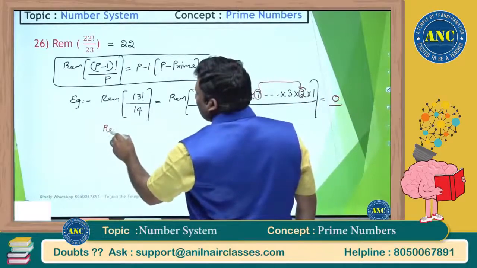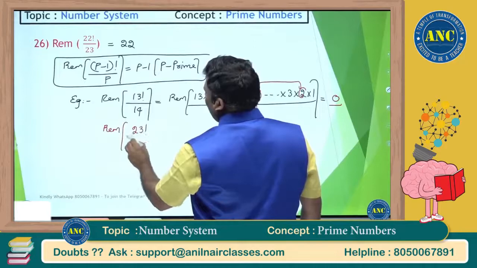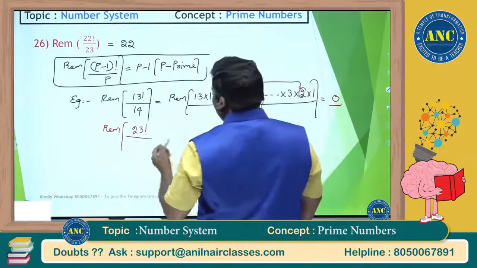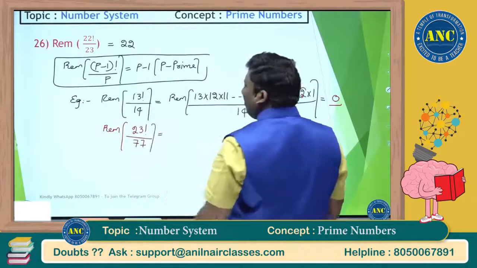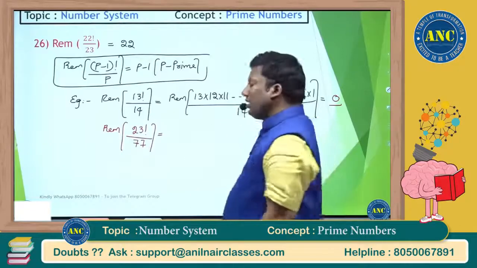Suppose the question is 23 factorial by, for example, 77. The denominator is a composite number.